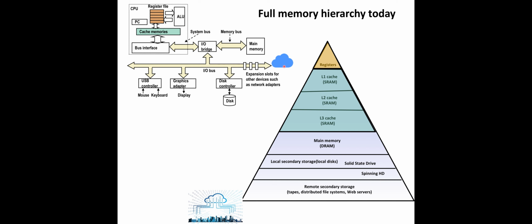And then next on the hierarchy is our spinning hard drives. And those are further away from the CPU, not quite as far as out on the network. But that too is the reason that the throughput here is slower, not only because it spins, but also because we have to move data all the way through the bus here.